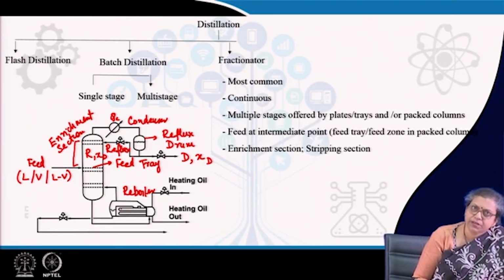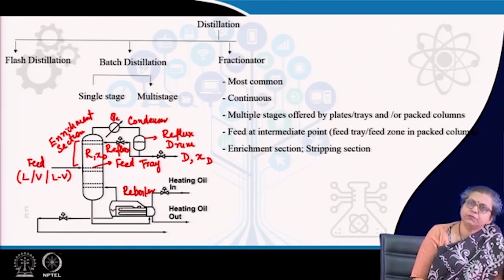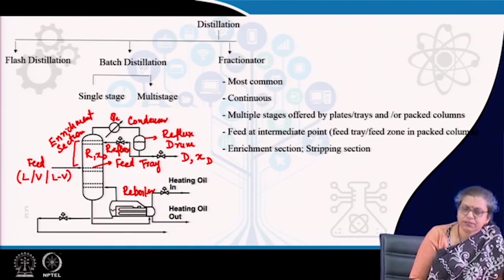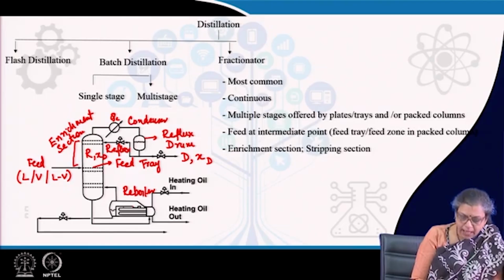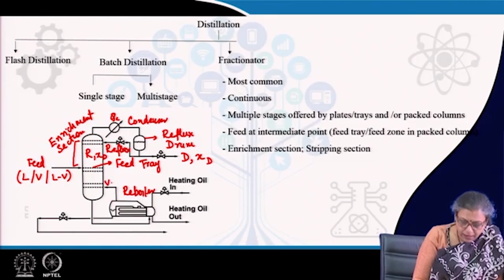There can be different designs of the reboiler, which we will deal with in detail when we discuss the distillation column. We can have thermosiphon reboilers, and kettle type reboilers. In the reboiler, vapor is generated. That vapor is reintroduced into the column just below the bottom tray and just above the liquid holdup at the bottom.